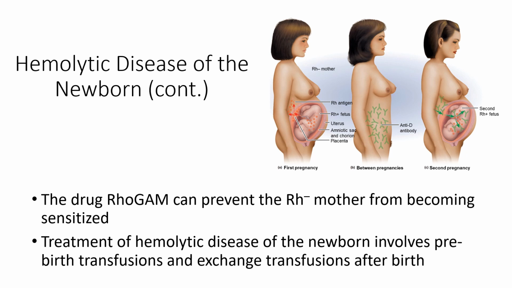And so anytime that a woman becomes pregnant, doctors will give her a RhoGAM injection, meaning a drug that will tie up the Rh positive antibodies in her blood until she gives birth to that baby.